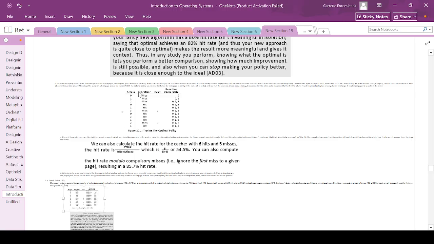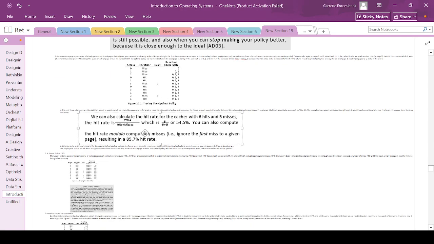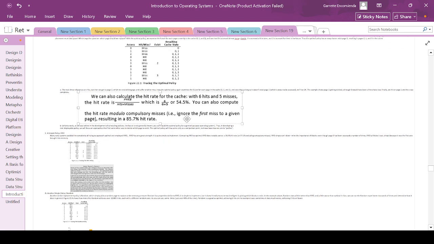Since these are the access patterns until 1, we get this hit percentage. We can also calculate the hit rate for the cache. With 6 hits and 5 misses, the hit rate is hits over hits plus misses, which is 6 over 6 plus 5, or 54.5%. So this is going to be our baseline.